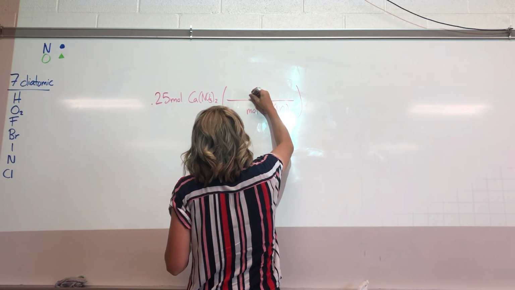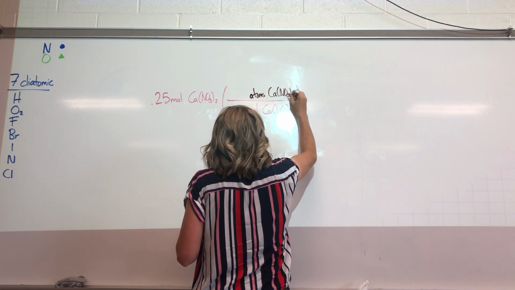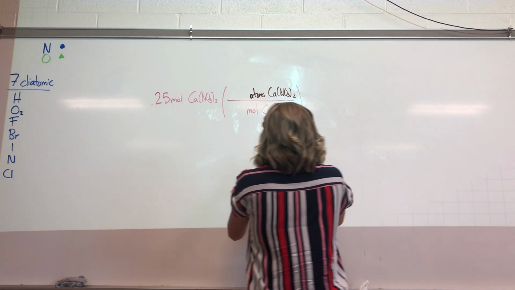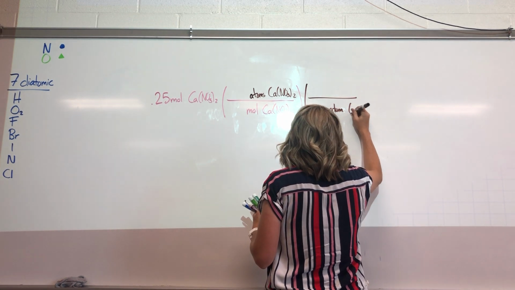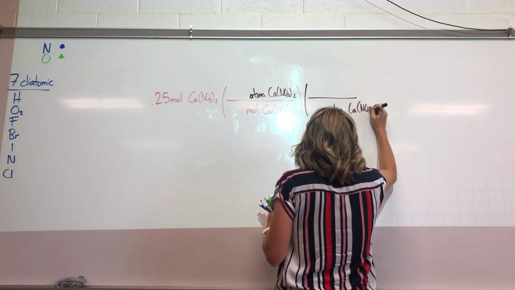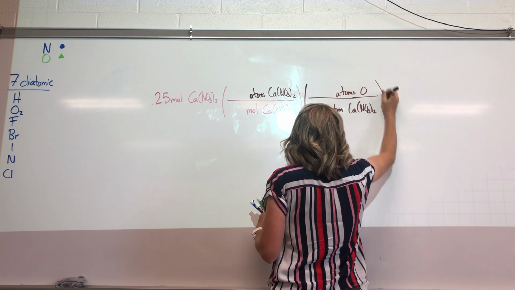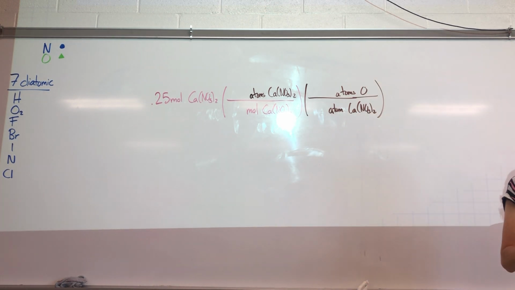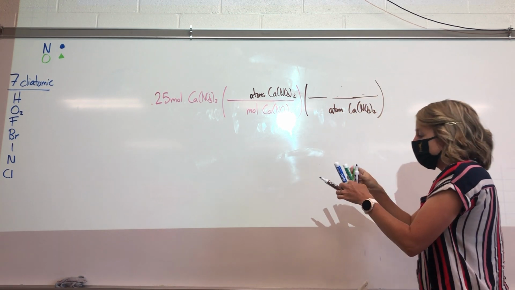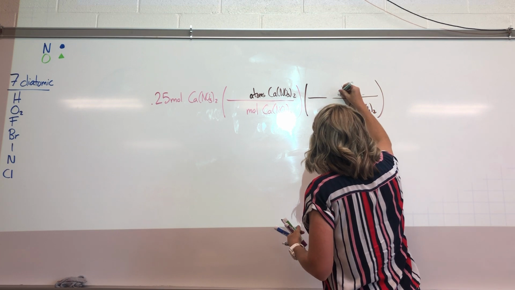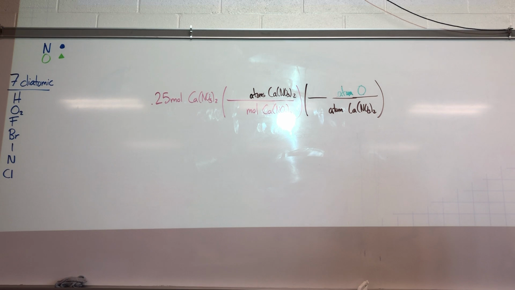Okay, so then I'm going to change that into atoms of the whole thing. And then you can go from atoms of the whole thing into just atoms of oxygen. I forgot to change my color, but it should be a different color. Once again, notice the pattern, follow the pattern, but also understand how it works.